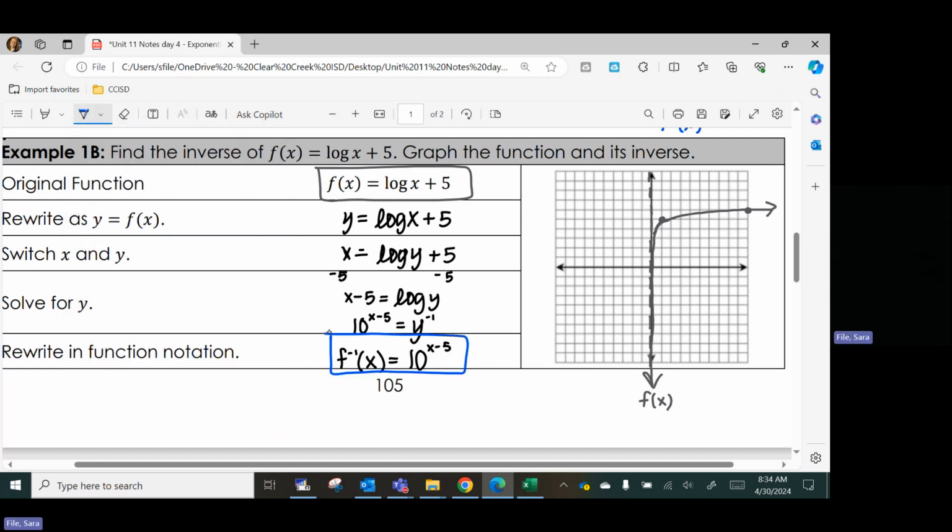So this is the exponential function, a base 10. And what does that minus 5 inside the function do? Right 5. Okay, it's inside, so it's left or right. And remember, it's the opposite. So this is the exponential parent function shifted right 5. Now remember, with the exponential, we have a horizontal asymptote.